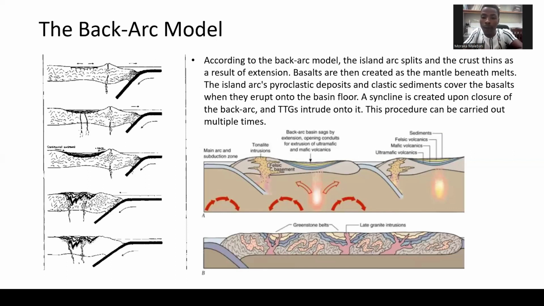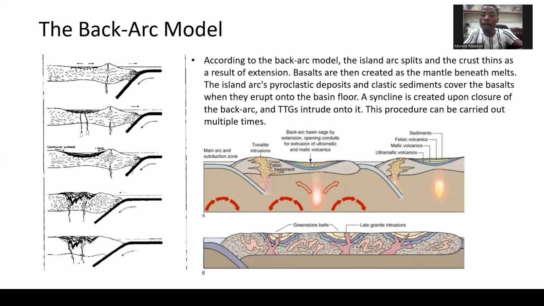With time, because of extension, we are thinning the crust, and then the mantle will melt, producing the basalt, which will erupt onto this basin.